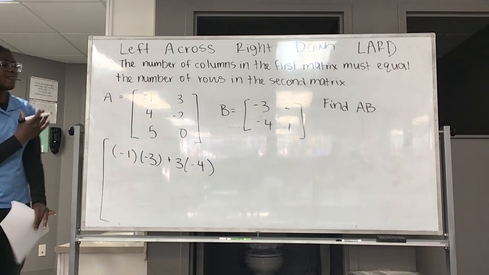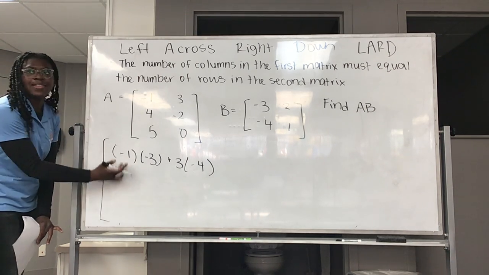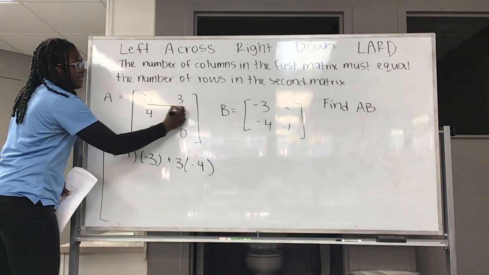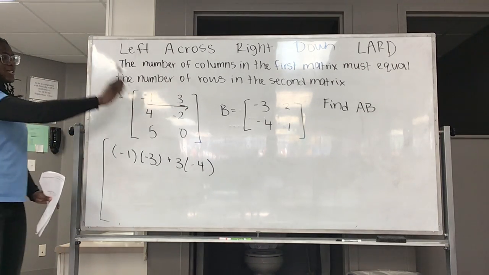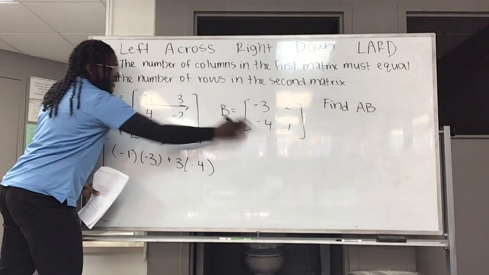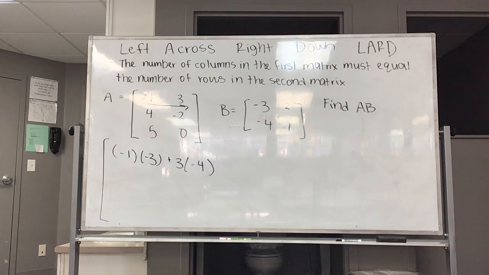So when I'm finding the numbers that go in my left column, I'm going to multiply across. So across meaning going this way. So I do my -1 times -3, and then I do 3 times -4. So that's what I mean by across.